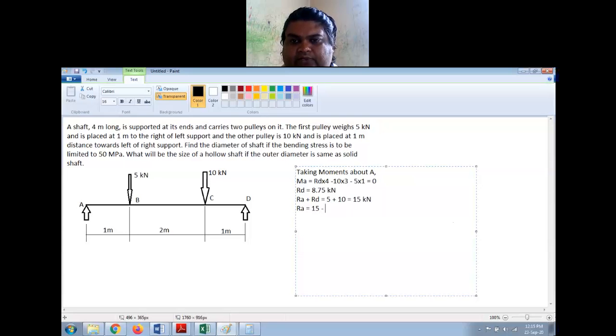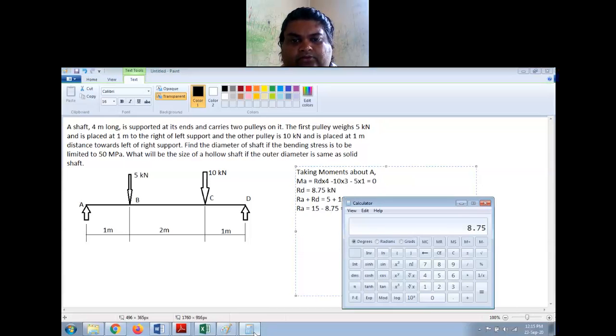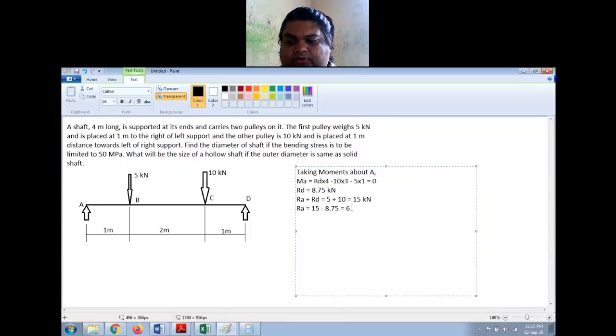RA is 15 minus 8.75, that is RD. So 15 minus 8.75 is 6.25. This is 6.25 kilonewton. All these things is same what we have done in our previous unit, right? Shear force and bending moment diagram. We have done all these things already.